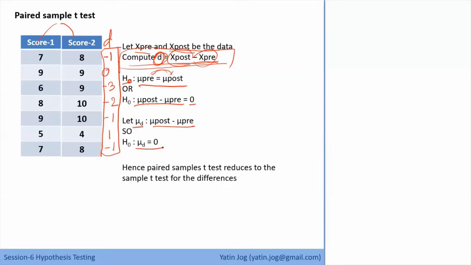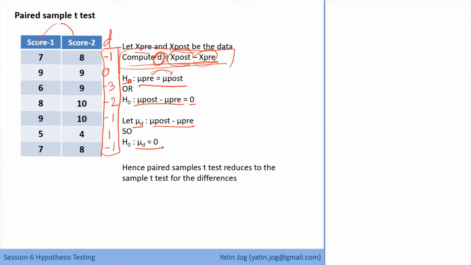So mu D equal to 0. That becomes my H0, that the mean of the difference is 0. This is how the hypothesis is formed in case of paired samples. So at the end, my H0 is that the mean of the differences is 0.